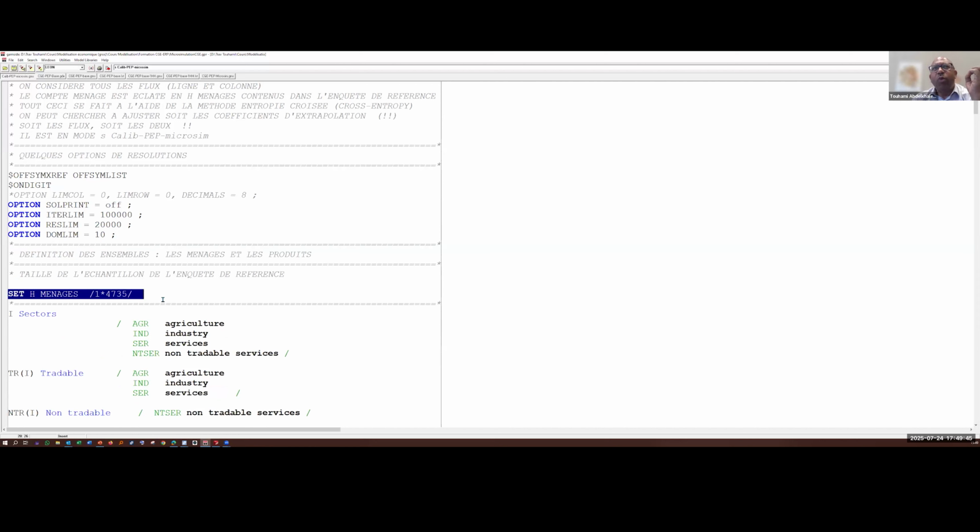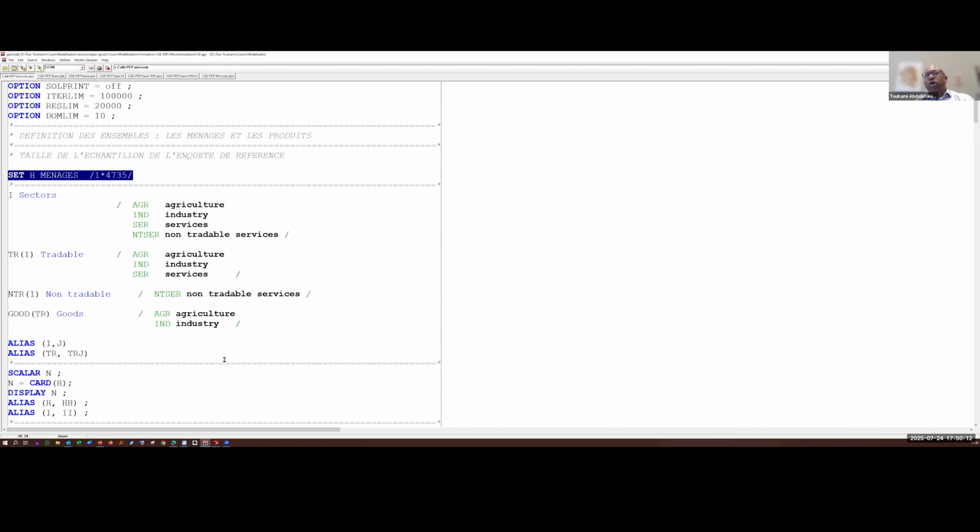Now, the first thing we have to answer when we are doing a microsimulation approach in a top-down is the size of the survey we are using. H is the index of the household, the identifier of the household, and here we have all the households we have. Here, there is nothing new. This is what we had in the aggregated situation.